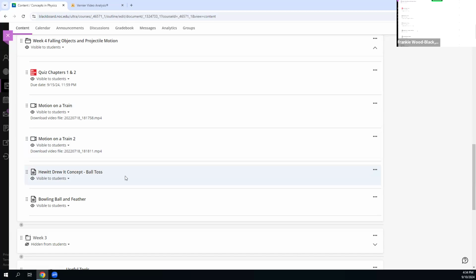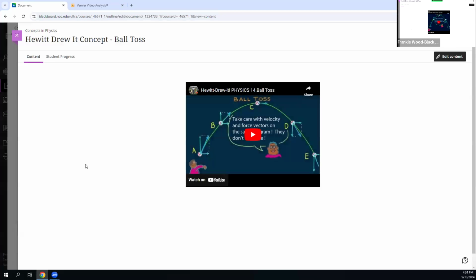You can also go through a Hewitt Druitt video that goes through this whole ball toss very conceptually, just like what we've done here. We're looking at our individual vectors. My vector in my x direction isn't going to change.